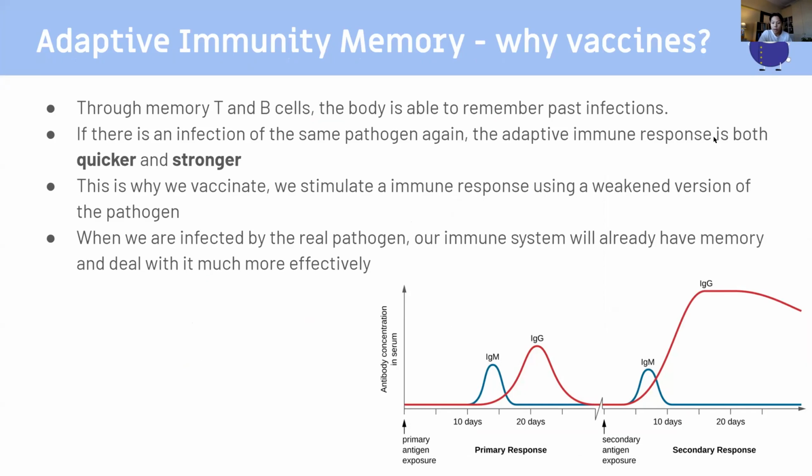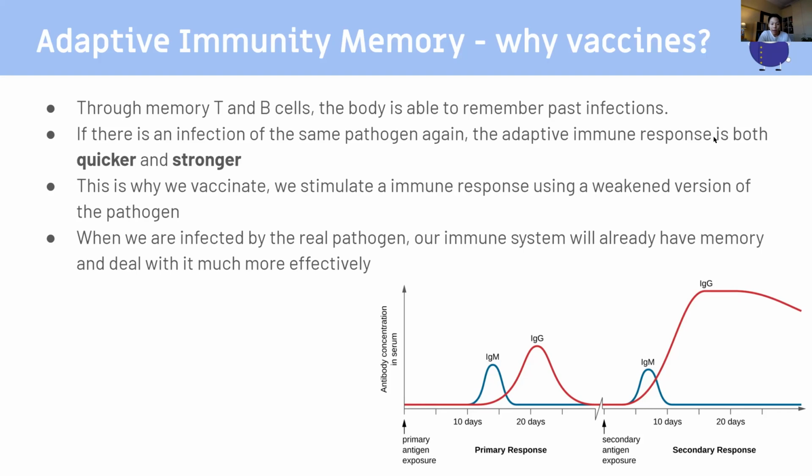If we look at this diagram on the bottom right corner, you can see at the very start, on the x-axis, we have time. On the y-axis, we have our antibody concentration, so basically how strong our immune response is. When we're first exposed to an antigen, it takes about 10 days for our IgM antibodies to be produced, followed by our IgG.